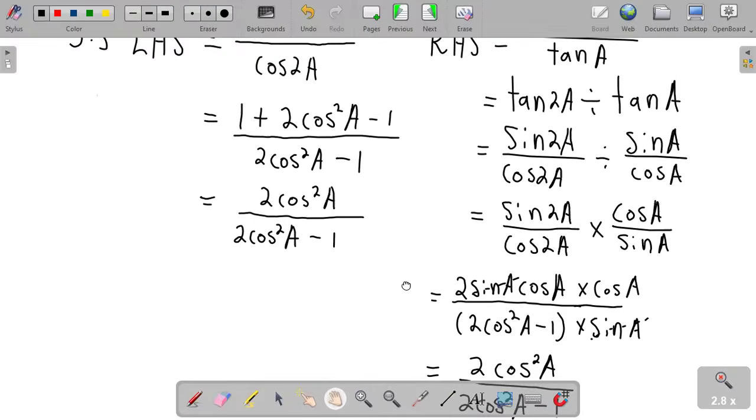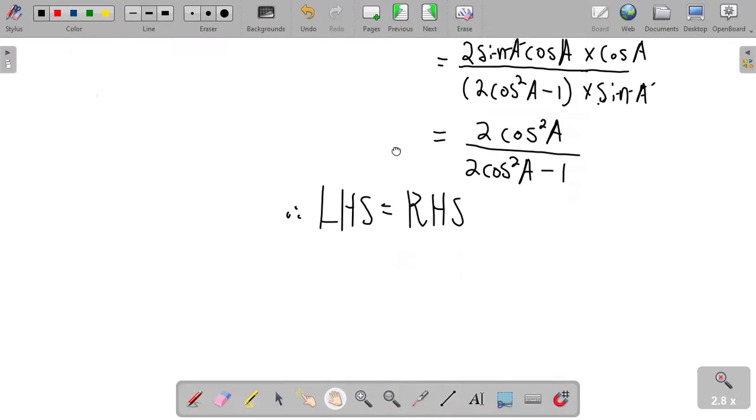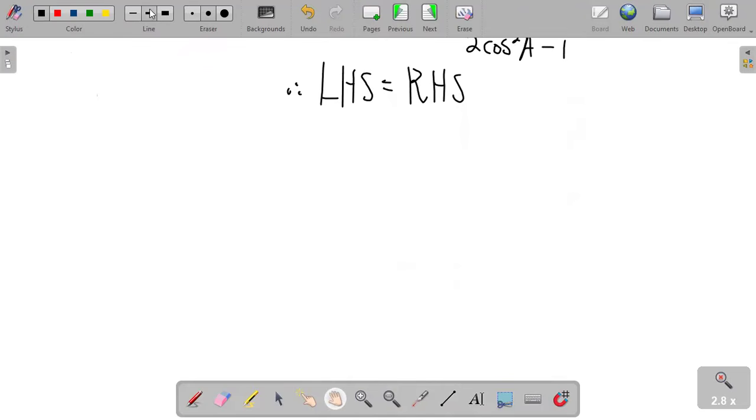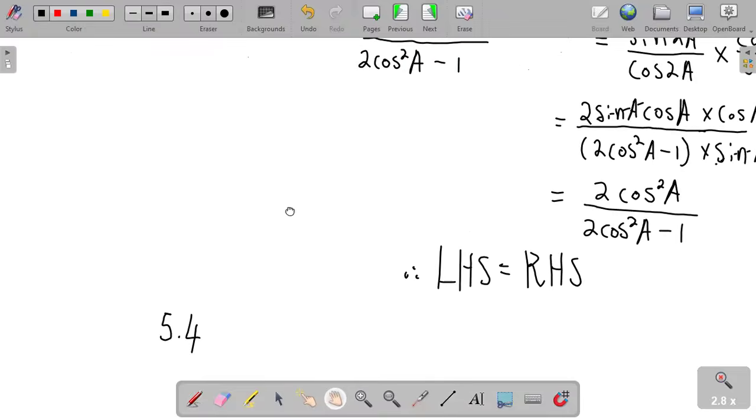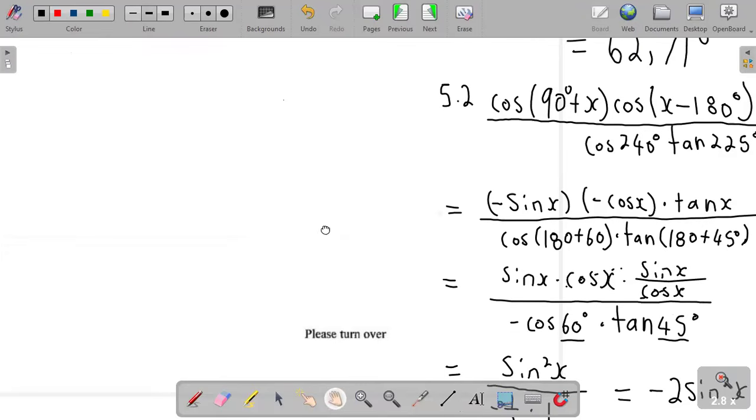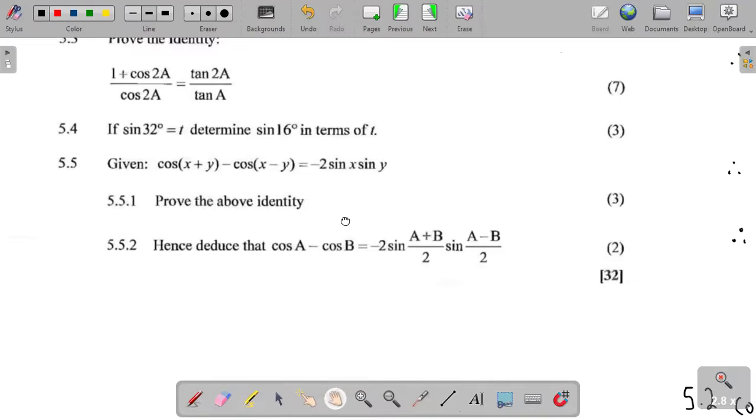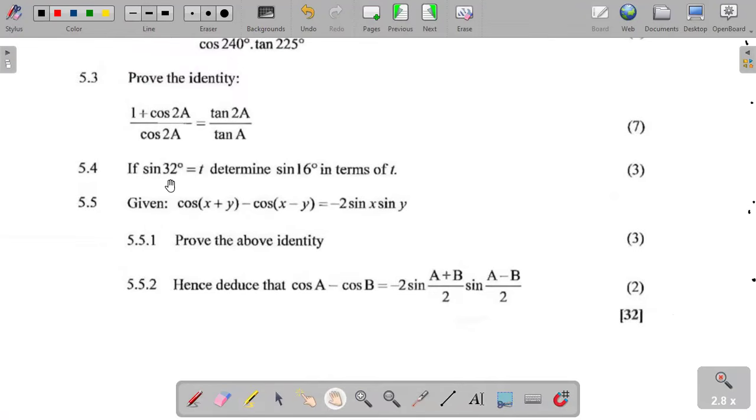Now let us move on to 5.4. Then 5.4, what do they want? If sine 32 degrees equals t, determine sine 16 in terms of t.